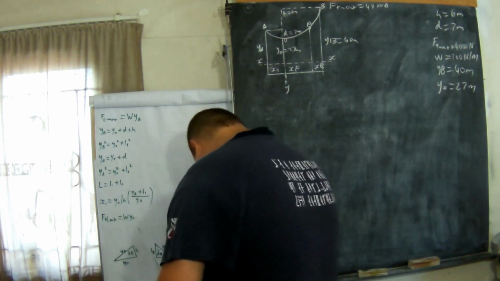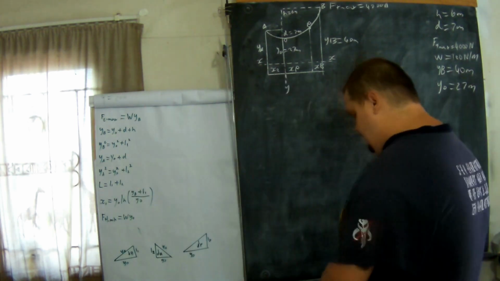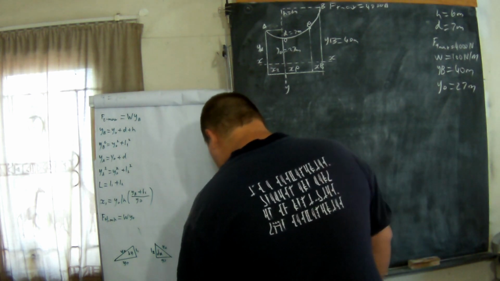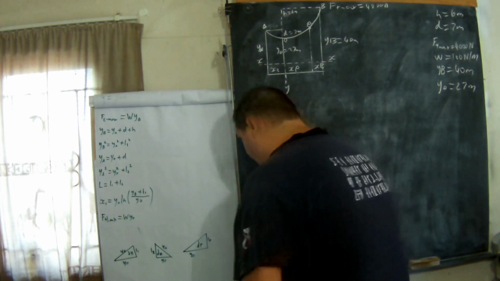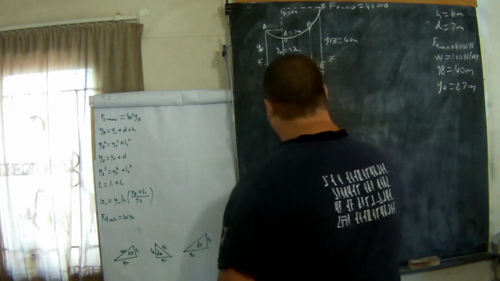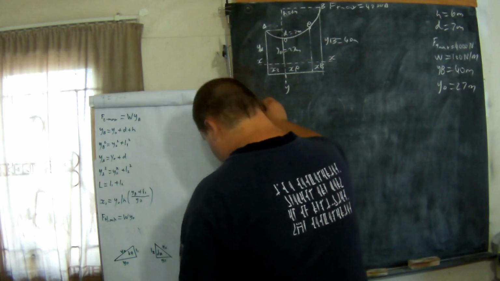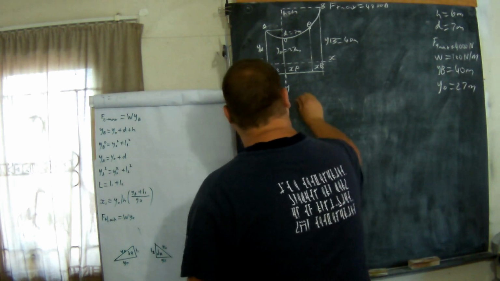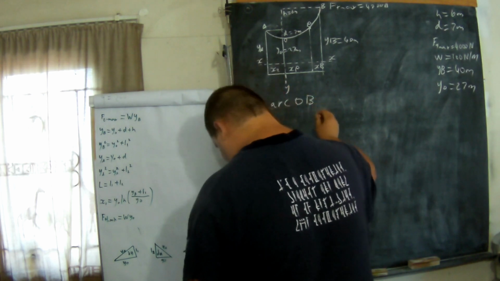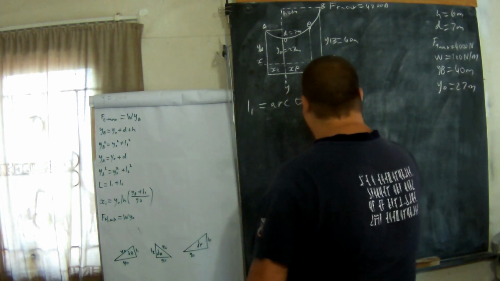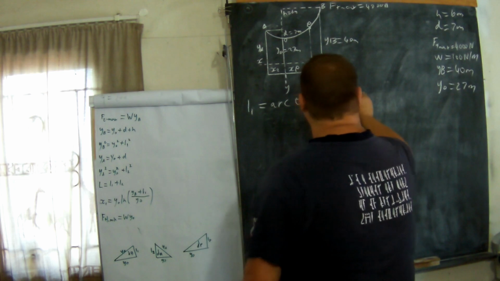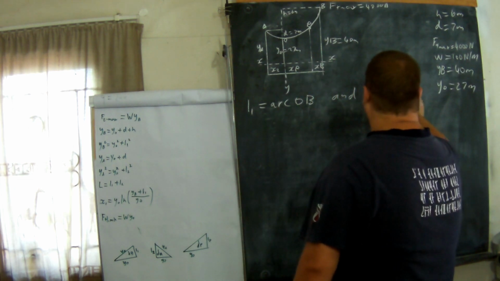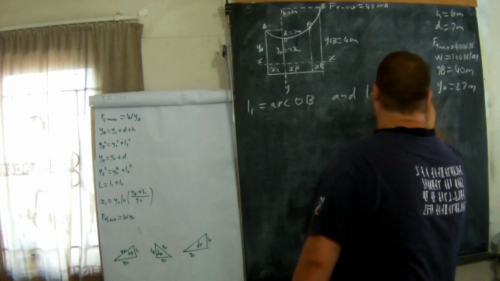So, the next part of this is we need to get L1. L1 is equal to arc OB, and L2 is equal to arc OA.